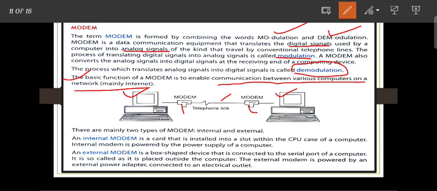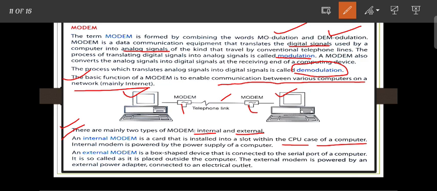There are mainly two types of modem: internal modem and external modem. First is the internal modem. An internal modem is a card that is installed into a slot within the CPU case of a computer.